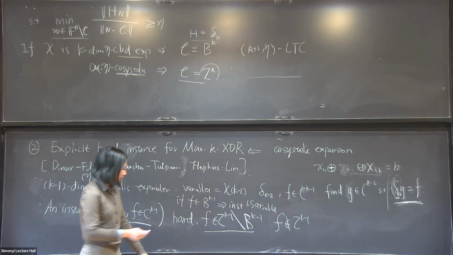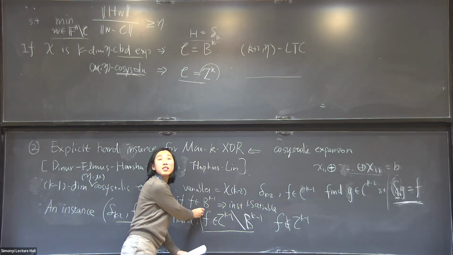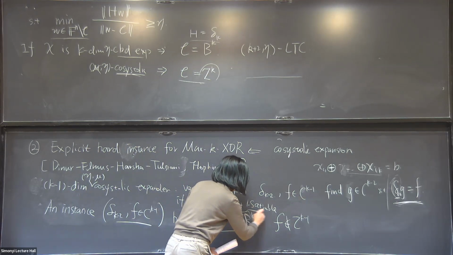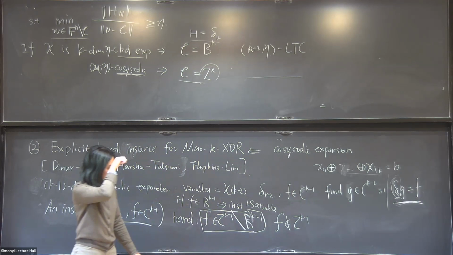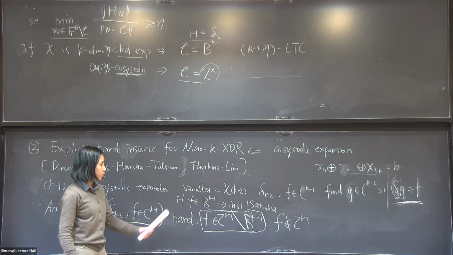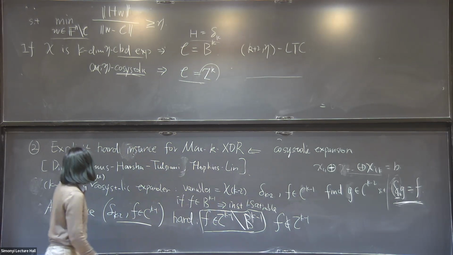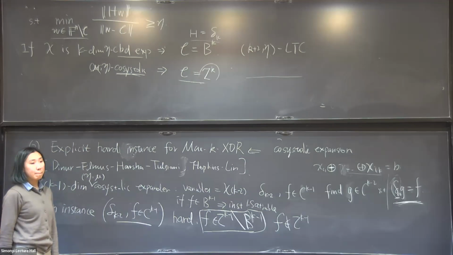I'm probably not going to explain much about why these are the hard instances. This is also due to the cosystolic expansion, that they're actually hard instances. I think it's generally known in proof complexity for weak systems. Resolution is certainly weak. Sum of squares, in some sense, is weak.